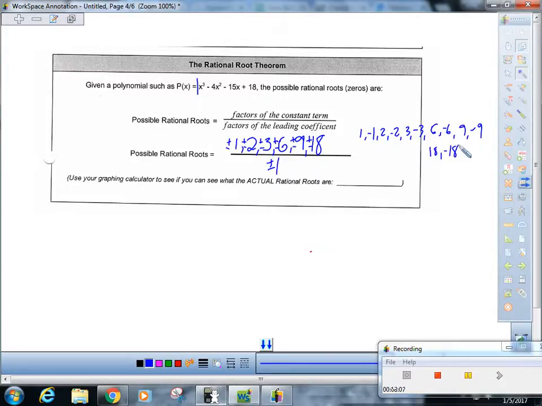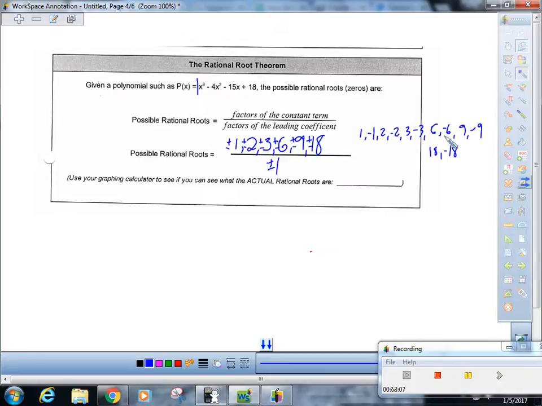I just want you to understand how hard this once was and why this is pointless now, I think. In 1995, I had to test every single one of these and figure out which one of them would give me 0. Do you understand that?